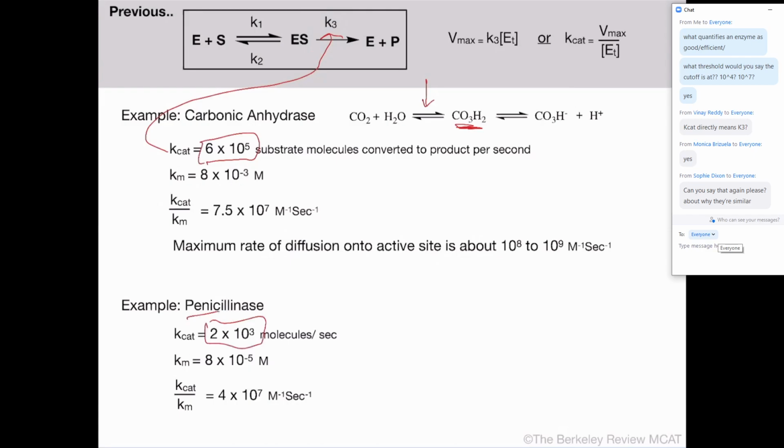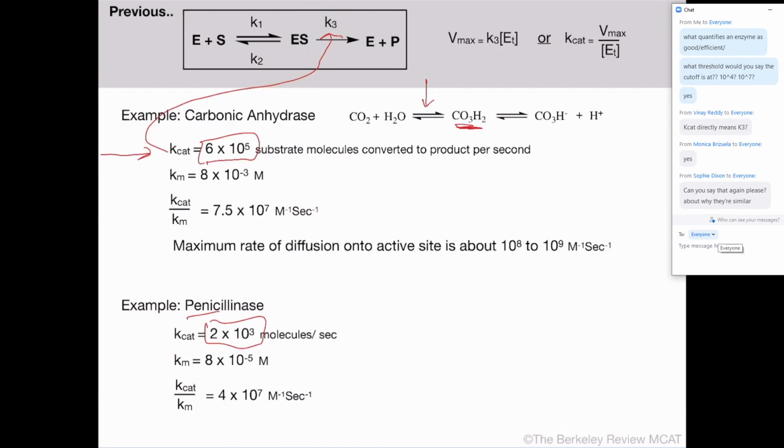And at first glance, you would think, okay, carbonic anhydrase is a much more efficient enzyme because the Kcat is bigger, right? The k3 is bigger than penicillinase. But that's not the whole picture, because the Km of carbonic anhydrase is bigger than the Km of penicillinase, right?